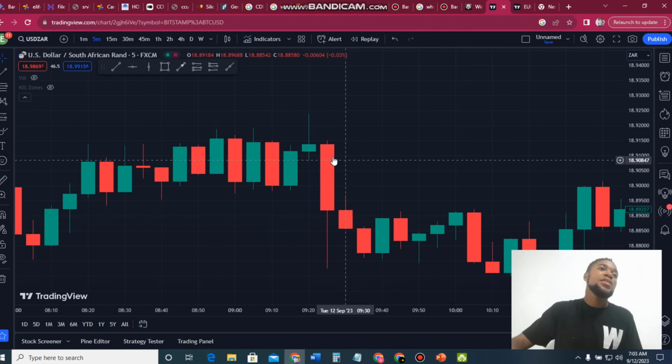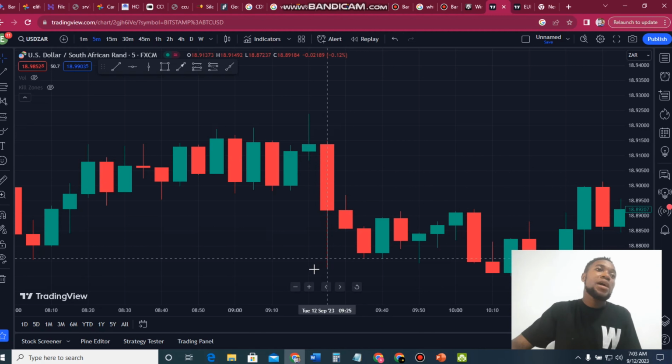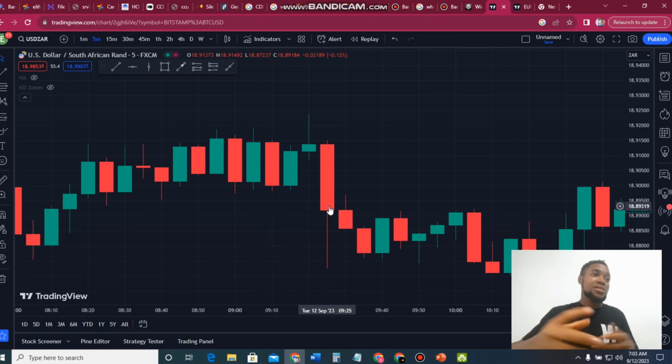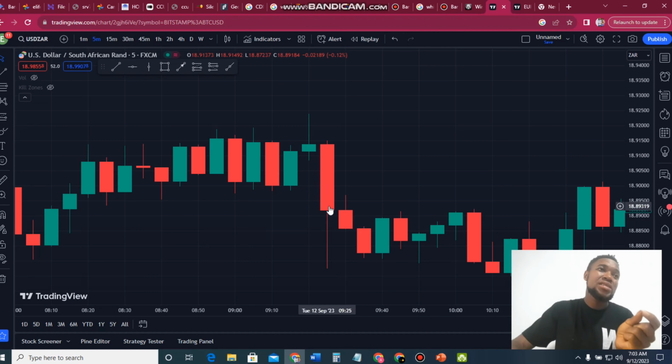Because the price was pulled from this point right down here, you already know what you are supposed to expect. Because the price was pulled from here, right towards the top by the bulls, you already know what to expect in the market. Right now, the bulls are taking control of the market.